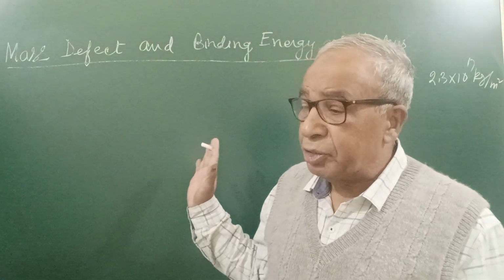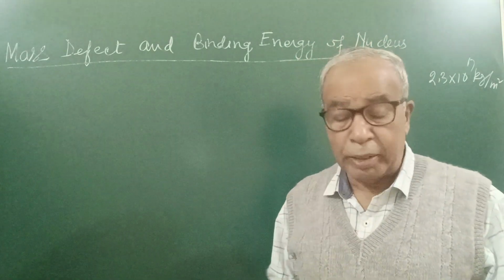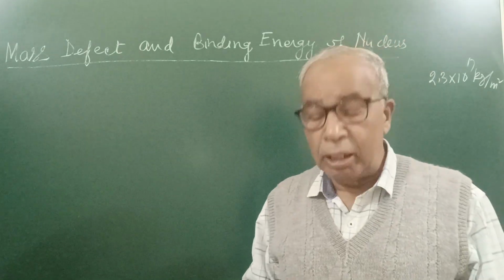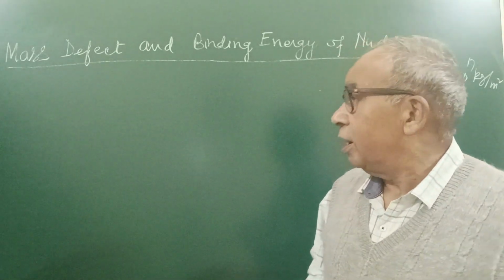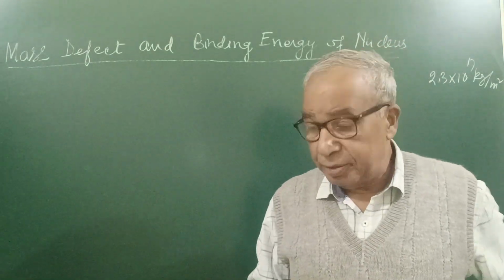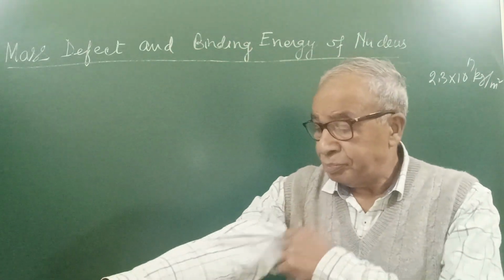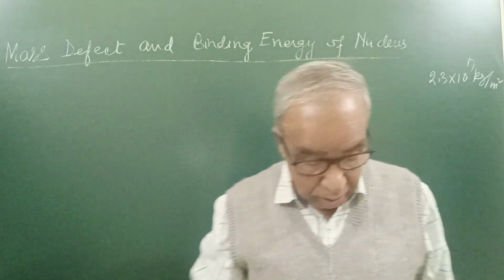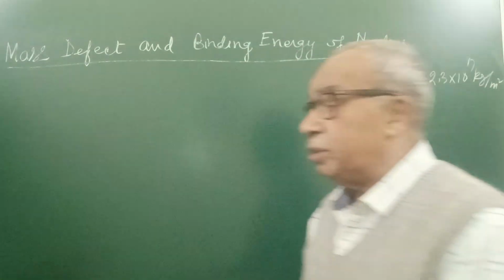Actually, I am discussing all these things because I have discussed this topic with many learned people, because I was not clear about why the energy is released. But unfortunately, nobody could explain it to me. Then I had a long meditation and I got it, why the energy is released.